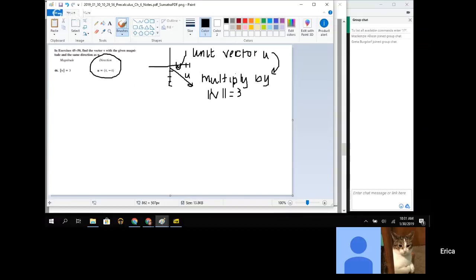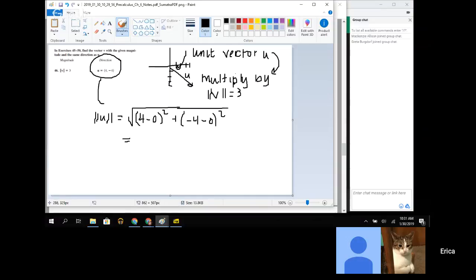So first thing we need to do is find the unit vector of this. Let's find the magnitude of u, which is basically going to be 4 minus 0 squared plus -4 minus 0 squared.